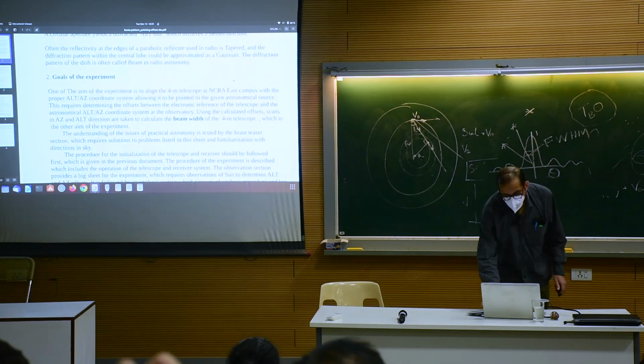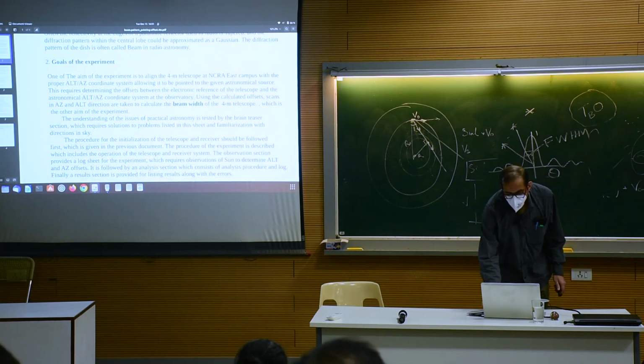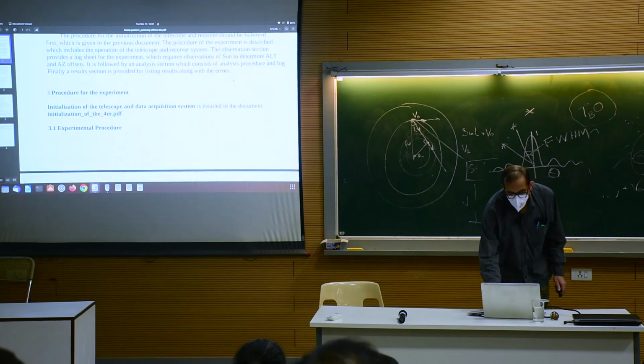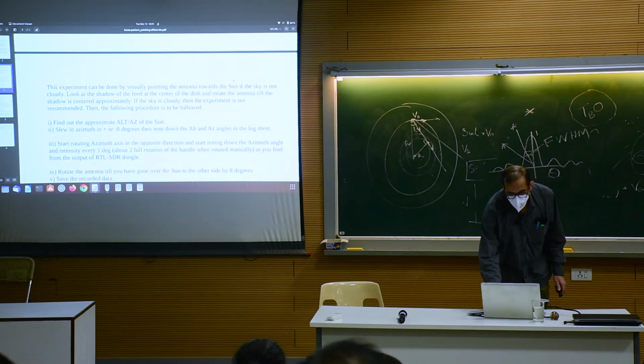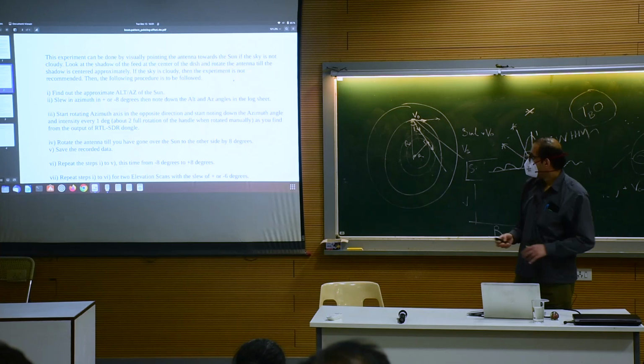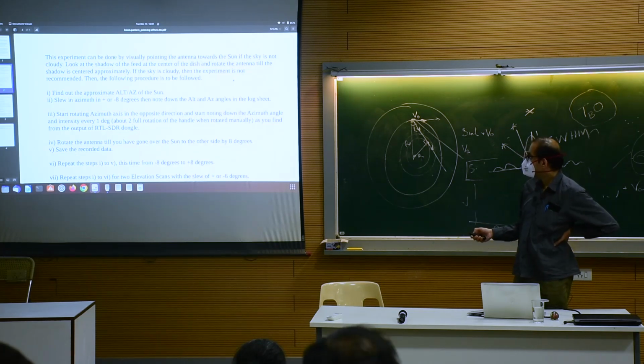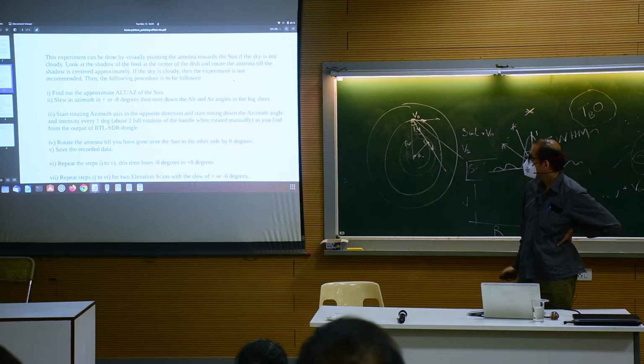What we do typically is find out the approximate altitude azimuth of the sun, and slew in azimuth plus or minus 8 degrees. And this experiment can be done visually, pointing the antenna towards the sun if the sky is not cloudy.